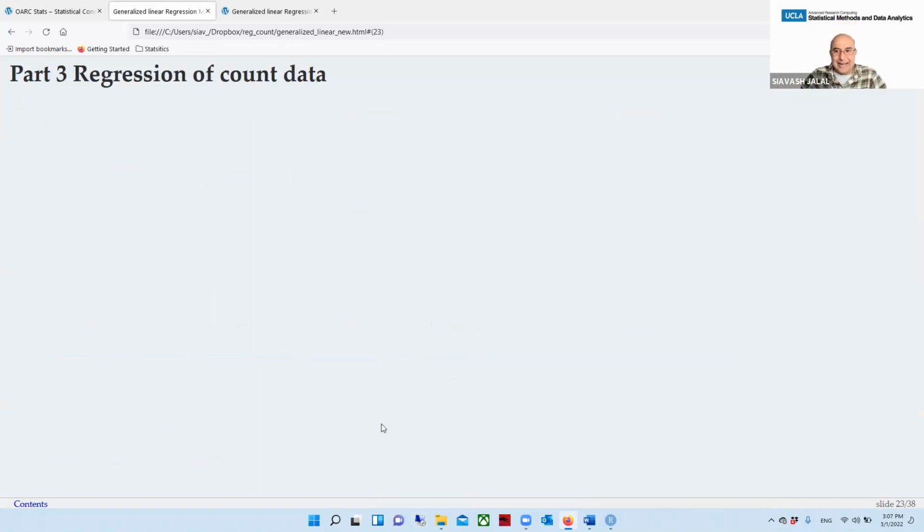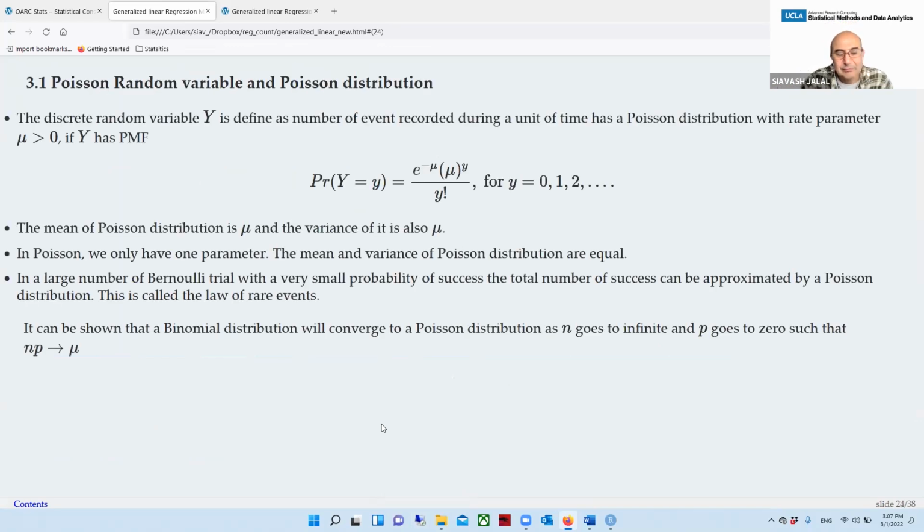Now, another type of outcome that is not always from -infinity to infinity is count data. There is some more formula here, but I won't go over all the detail. You can read it by yourself if you are interested. It doesn't change the idea.